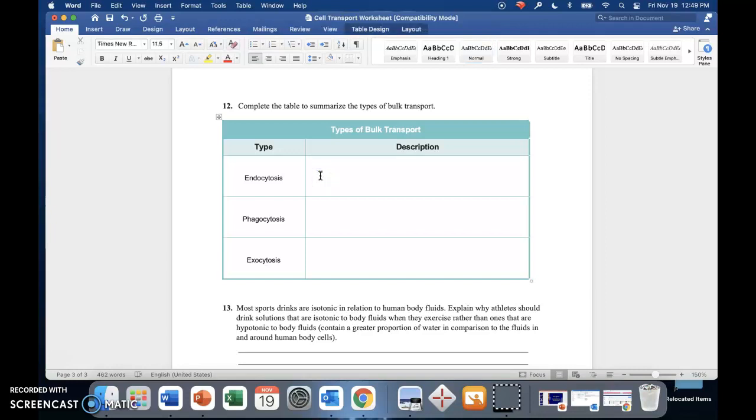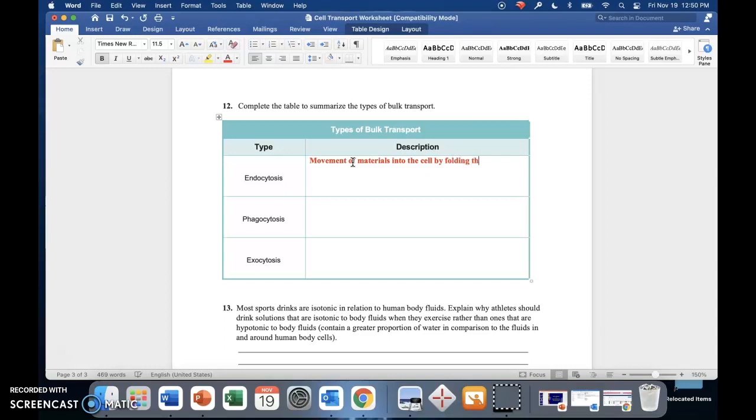So endocytosis is the movement of materials into the cell by folding the membrane.